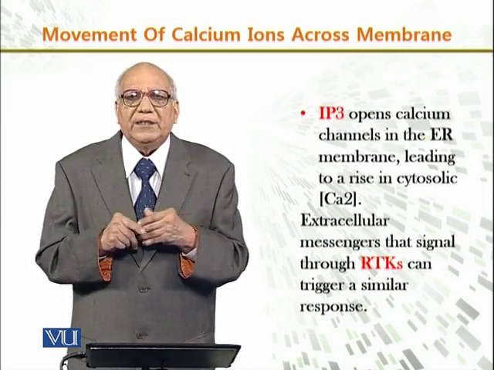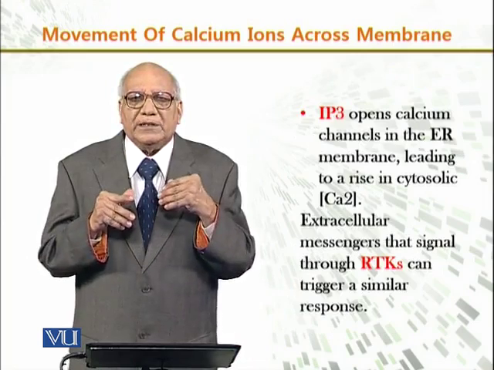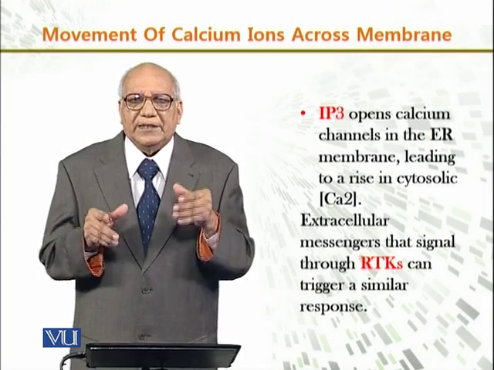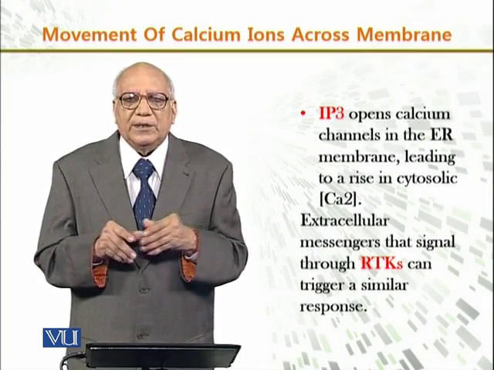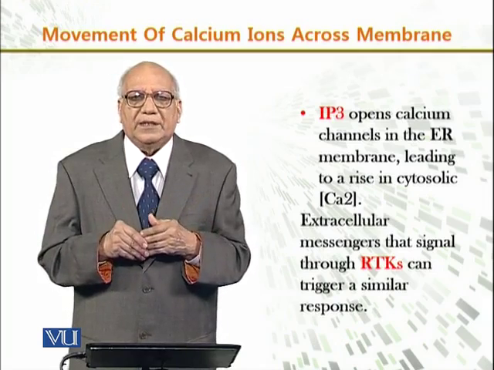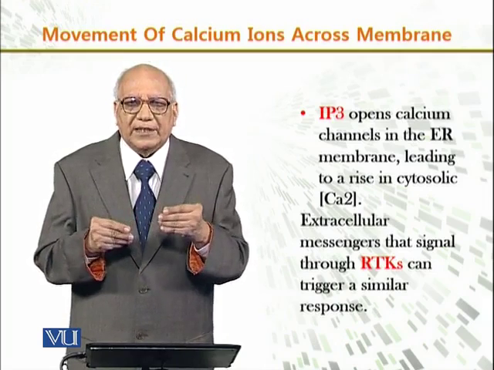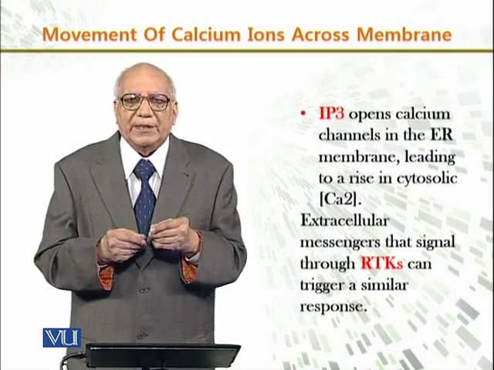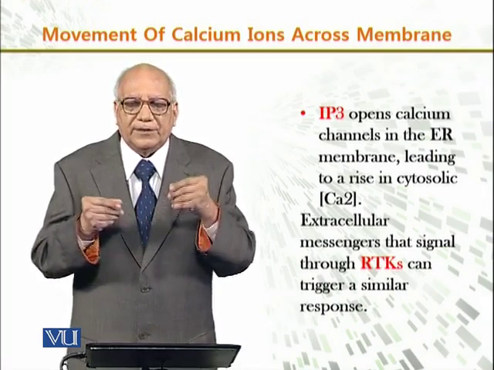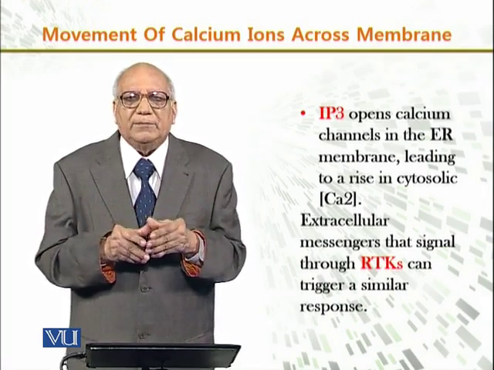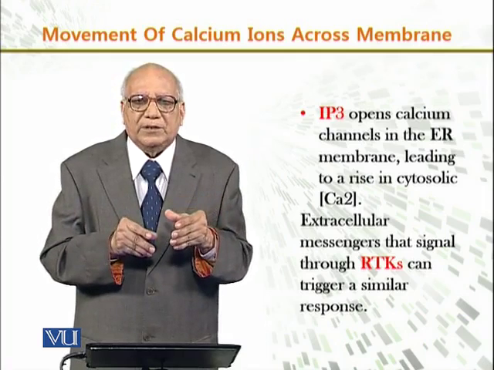Now, what does IP3 do? It opens calcium channels in the ER membrane, leading to a rise in the cytosolic calcium. Naturally, when those channels are open, the calcium ions will pass through.